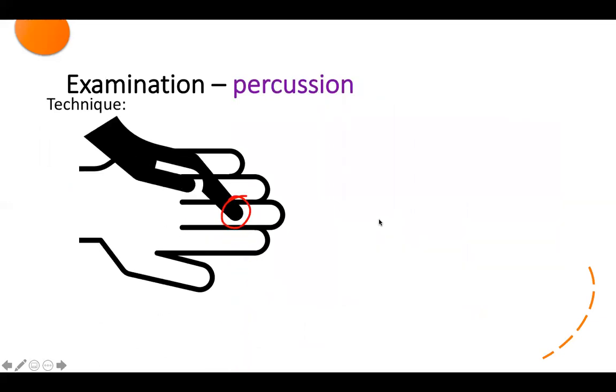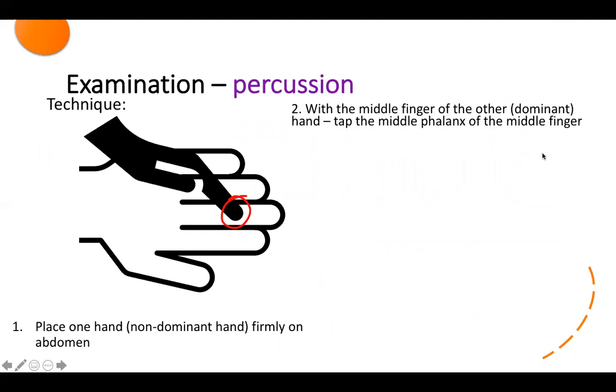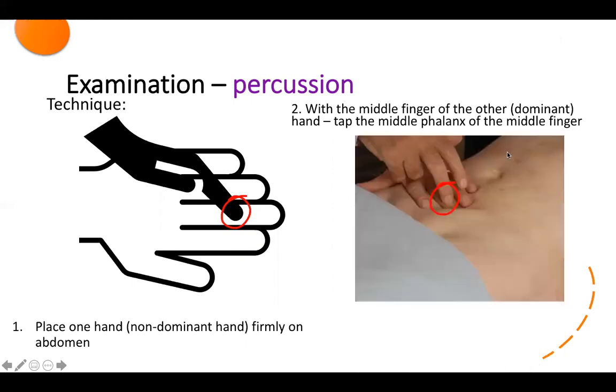So in terms of how you actually percuss, you want to place your non-dominant hand firmly on the abdomen, and then with the middle finger of your other hand, which will be your dominant hand, you want to tap the middle phalanx of the middle finger. So sort of like you can see on this picture. And that's how it would look when you do it on a patient.